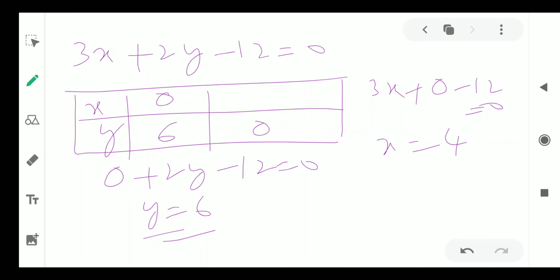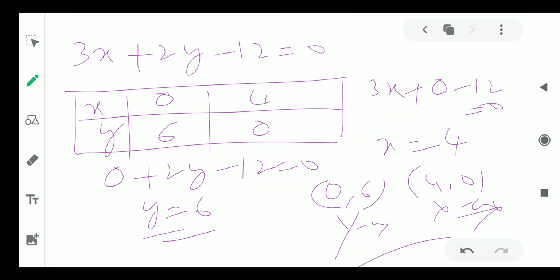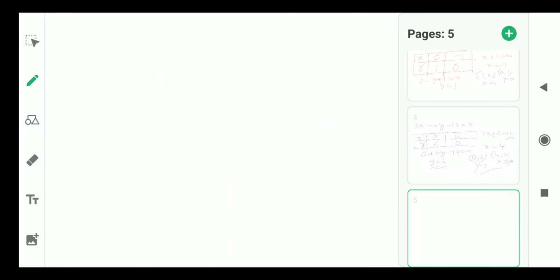So the line cuts the y-axis at 0 comma 6 and the x-axis at 4 comma 0. Okay, now with the help of these points we will draw the triangle.